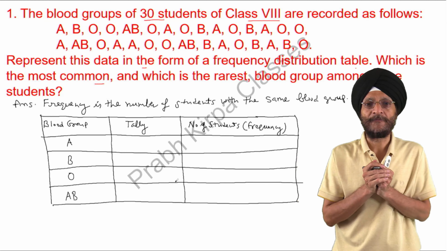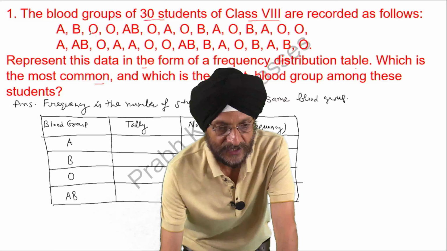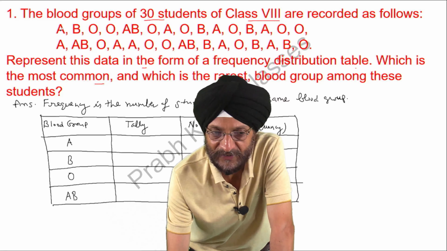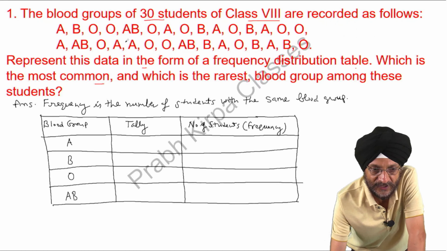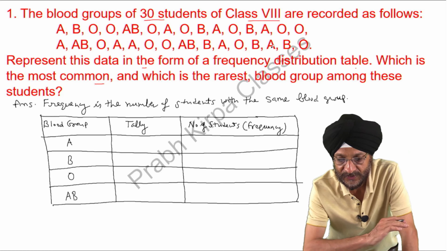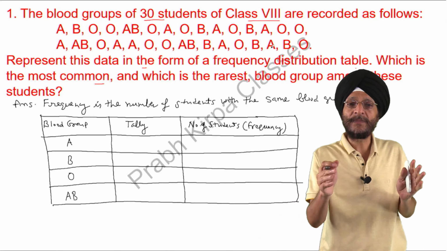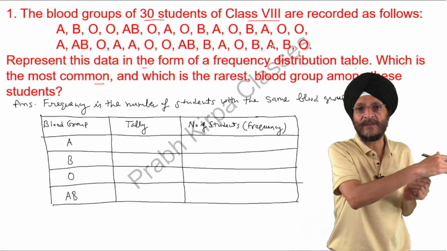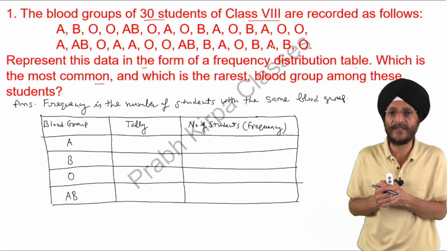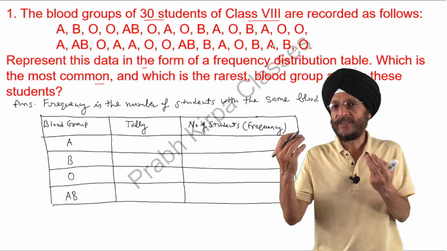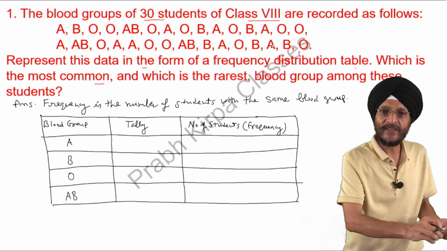One way is to count the students verbally: this is the first student having A blood group, this is the second, third, fourth, and so on. When counting verbally, there may be some disturbance from a classmate sitting beside us in the examination, or the teacher may ask us to sign the attendance sheet.